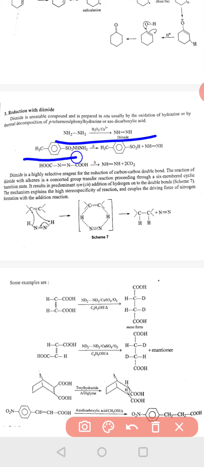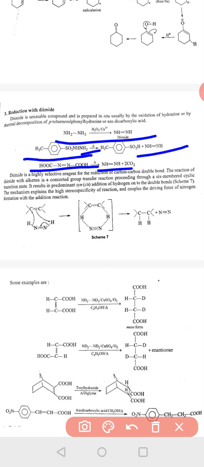This is para-toluene sulfonyl hydrazide. When it is decomposed, we get diimide as product. And the third way is by azo-dicarboxylic acid. This is azo-dicarboxylic acid and it is decomposed to get diimide.